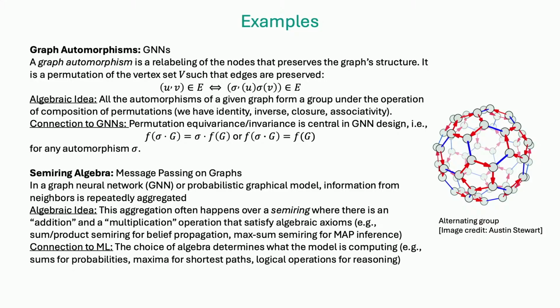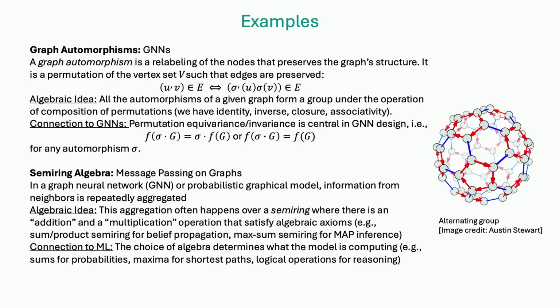The idea is that information from the neighbors is repeatedly aggregated, and the aggregation happens over a semi-ring, in which we have a notion of addition and multiplication, which we can define in a particular way. I'm going to talk more about this later on. They satisfy certain algebraic axioms that we would like.